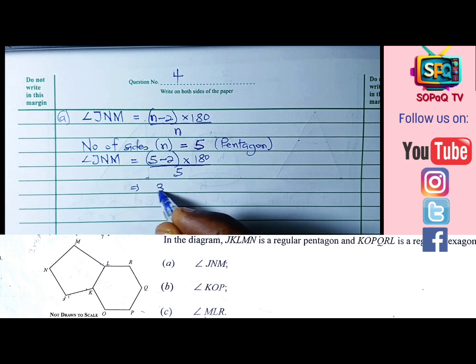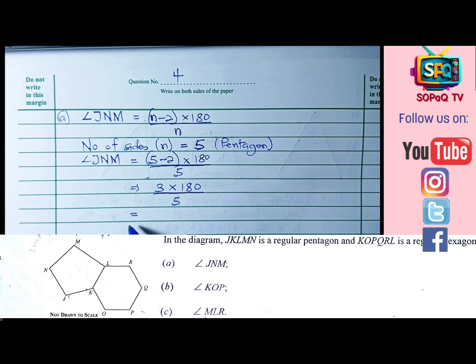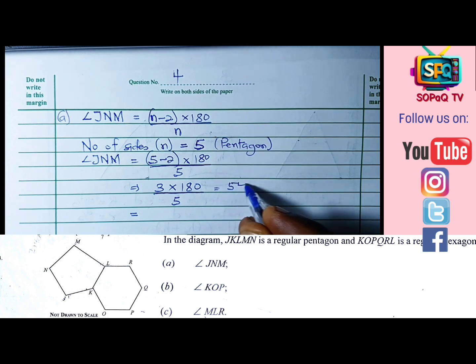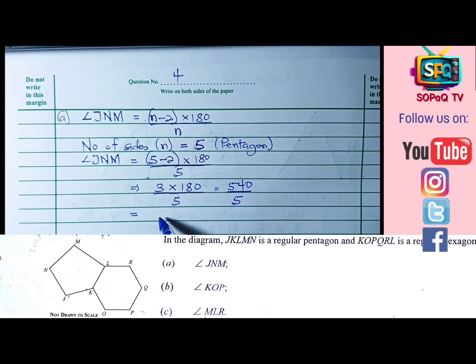And we are going to get 3 times 180 all on 5, which will give us 540 all on 5. And finally, 108 degrees.